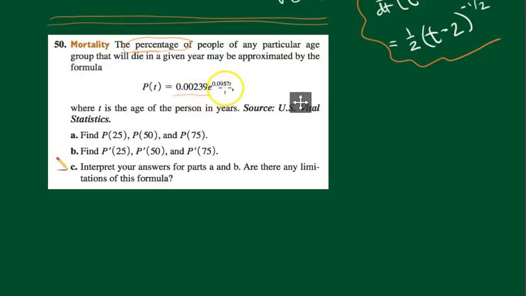Now, because this is an exponential function with a positive exponent, we know that it's going to have a shape something like this. I mean, sooner or later, it's going to go up like so. And so what is this telling us? Well, the percentage of people who are old who are going to die in a given year is greater than the percentage of people who are young who are going to die in a given year.